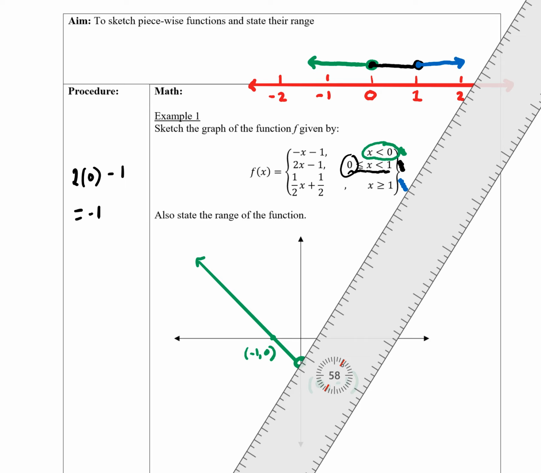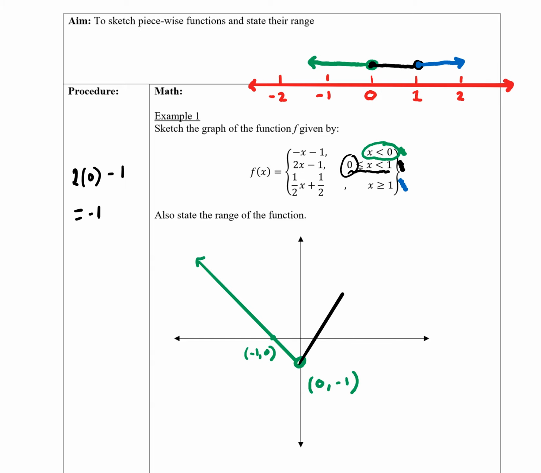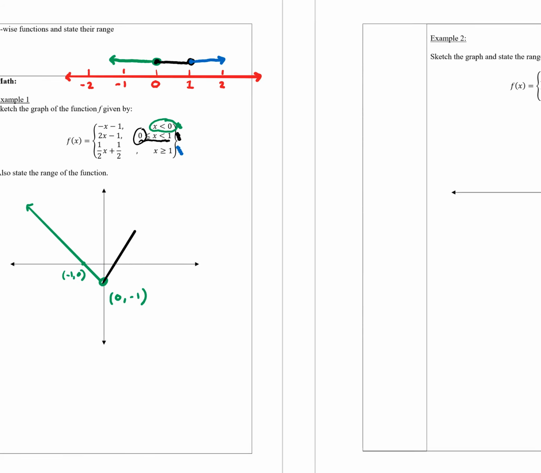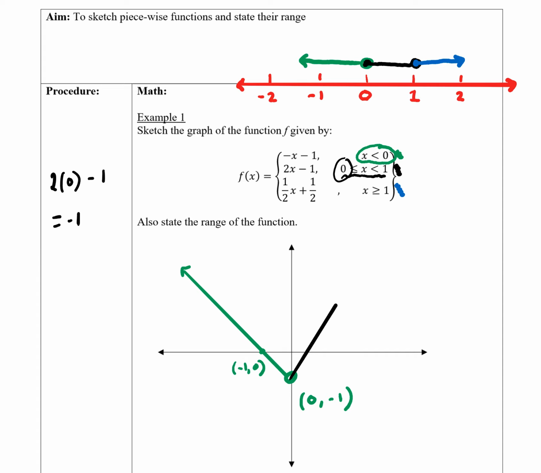And you can see that this graph starts at the same point that the last one finished. So I can just put it in there. Now, it's a straight line going up, and it's going to end wherever x equals 1. Sorry about that. So we sub in 1, so this is 2 times 1 minus 1, which gives me the answer 1. So remember, it ends with an open dot wherever x equals 1.